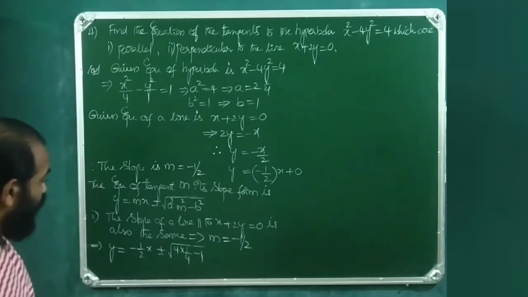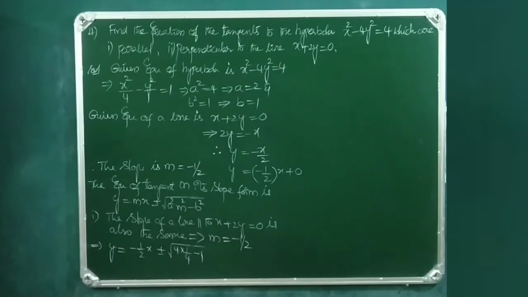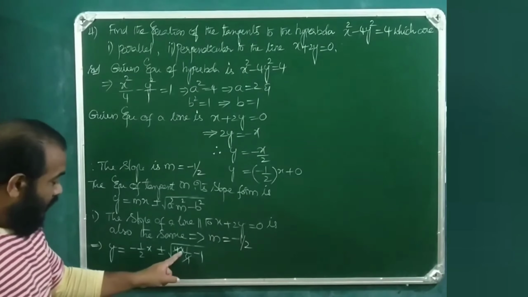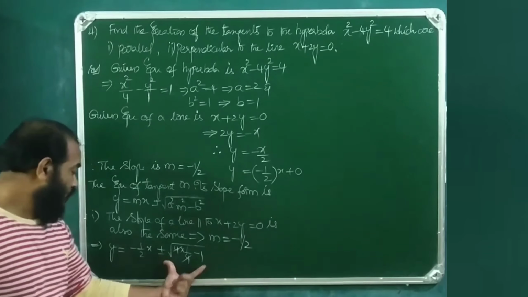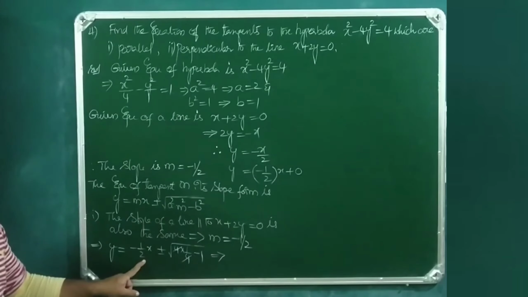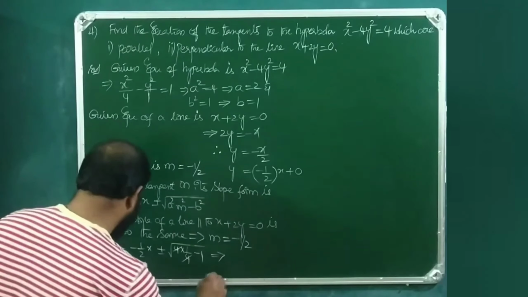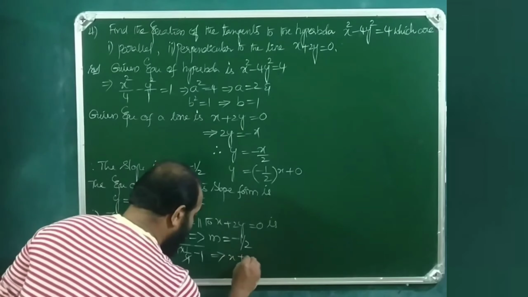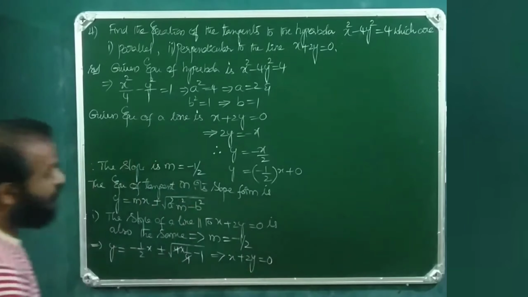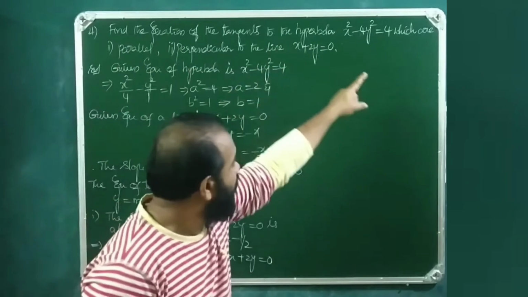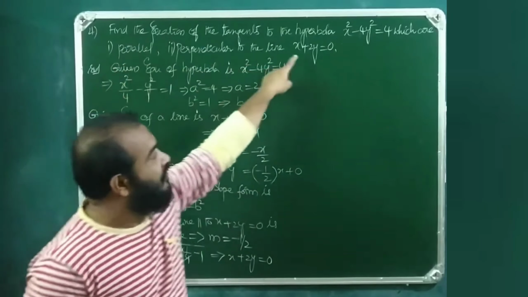So 4 gets cancelled, 1 minus 1 is 0. So this is y is equal to minus half x. From this 2y is equal to minus x, or x plus 2y equals 0. So this is the equation of the tangent which is parallel to the given line.